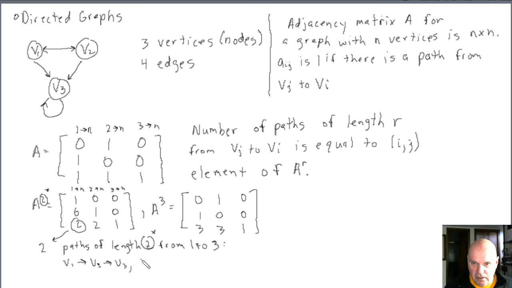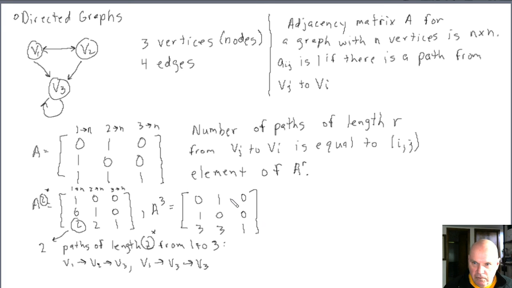The other one is the V1 to V3, and then V3 can loop back to itself. This is the other path of length 2. And according to graph theory, you shouldn't be able to find any other paths of length 2 from 1 to 3. This result tells me that there are only 2 paths.